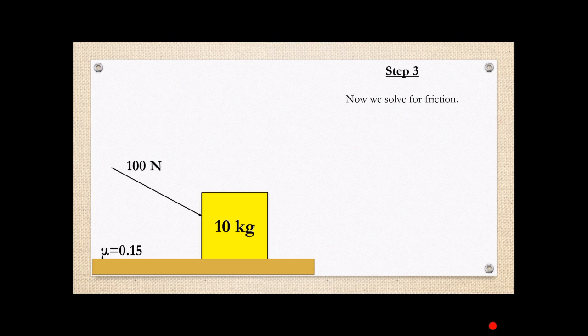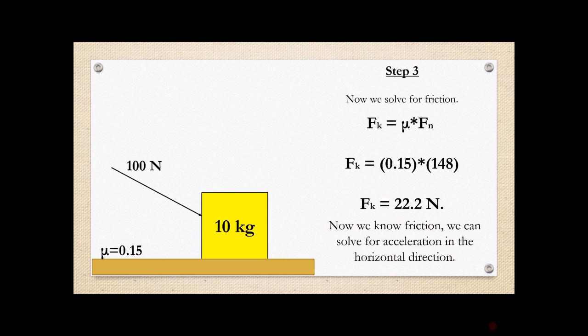It's just about plugging some more numbers into that equation. The equation being the force of kinetic friction is equal to mu times the normal force. That is 0.15 times 148. That gives us a kinetic friction of 22.2 newtons.